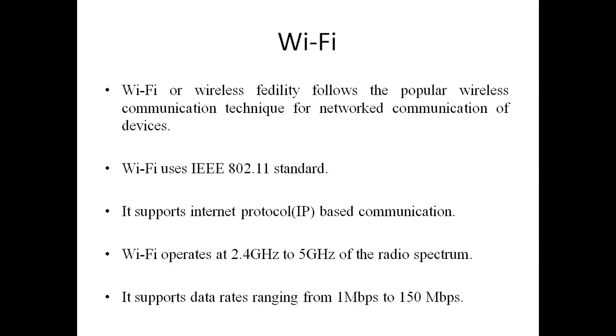If the network is security enabled, we need to give a password in order to connect to the Wi-Fi. Wi-Fi employs different security mechanisms like wired equivalent privacy, that is WEP, and WPA. WPA is Wi-Fi protected access. So this is what Wi-Fi is, and it supports data rates ranging from 1 Mbps to 150 Mbps.